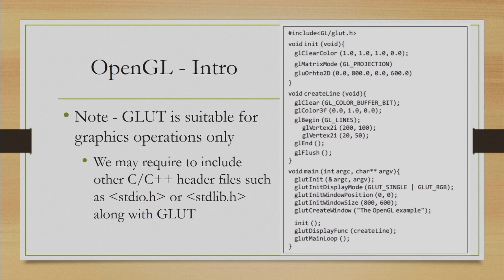Also, we should note here that the library GLUT is suitable for graphics operations only, and for any other operation we may need to include other header files such as stdio.h or stdlib.h, as we do in our regular programs.